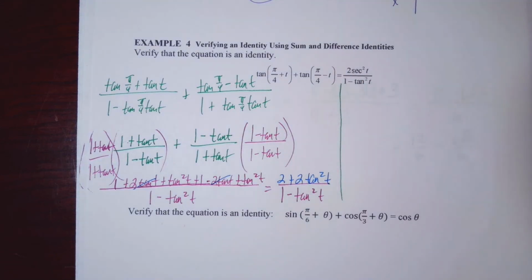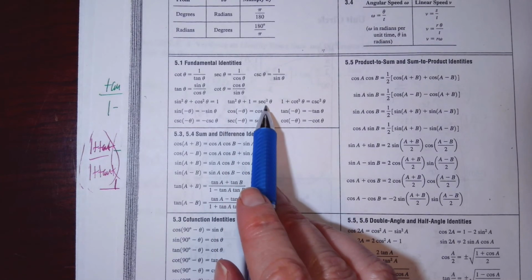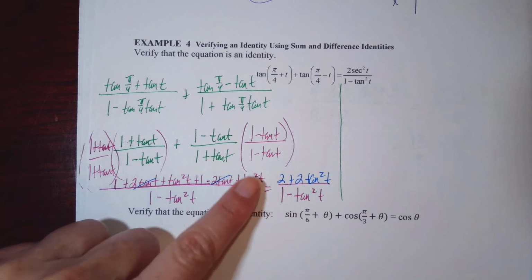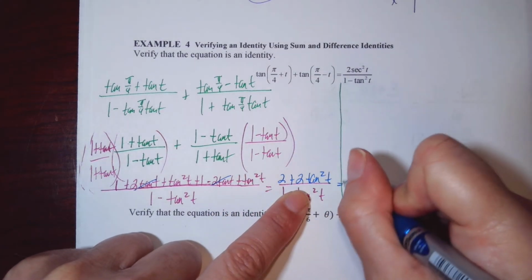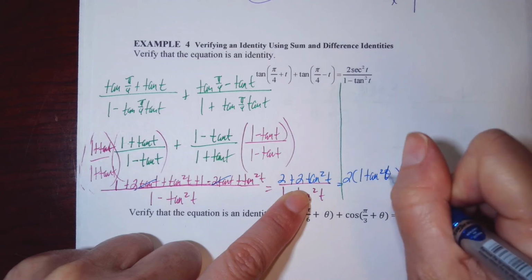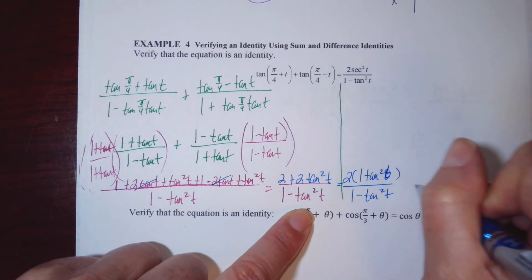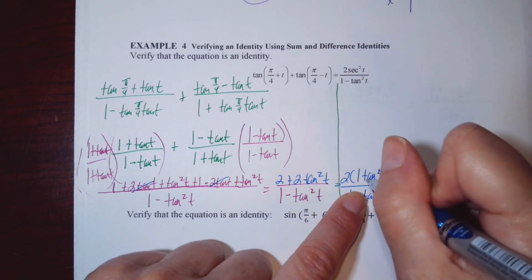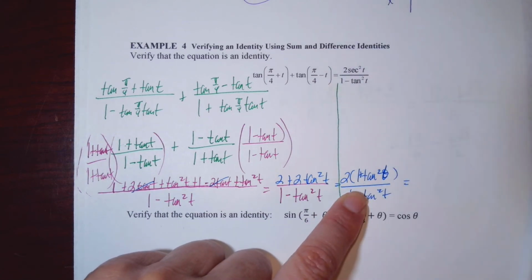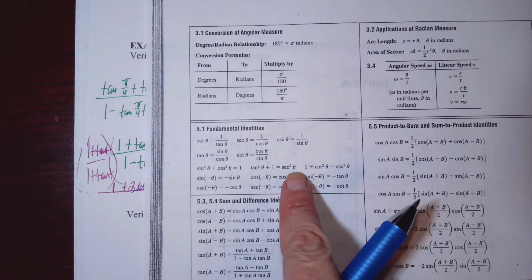Tangent square and secant square, that rings a bell as a Pythagorean identity. Tangent square plus 1 equals secant square. So if I just factor out that 2, I have 2 times 1 plus tangent squared t over 1 minus tangent squared t, and 1 plus tangent squared t is secant squared t.